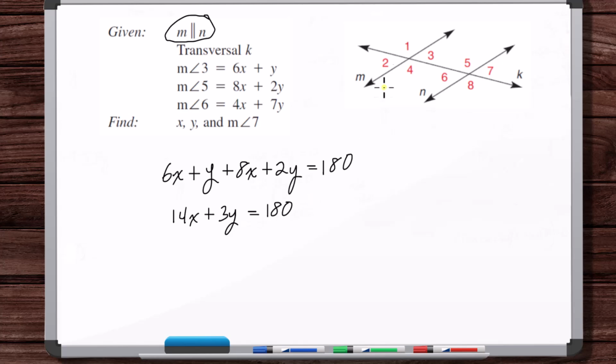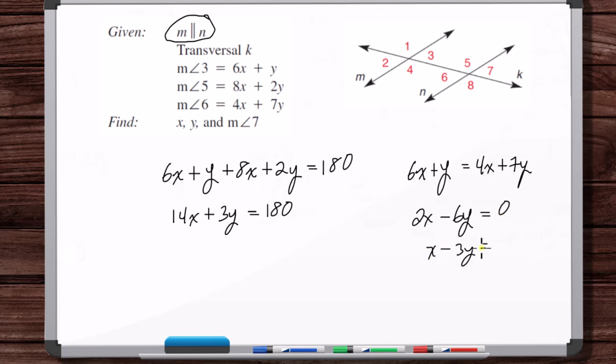Okay, what else? 3 and 6 are alternate interior angles. So 6x plus y is equal to 4x plus 7y. Subtract 4x from both sides. Subtract 7y from both sides. Divide both sides by 2.